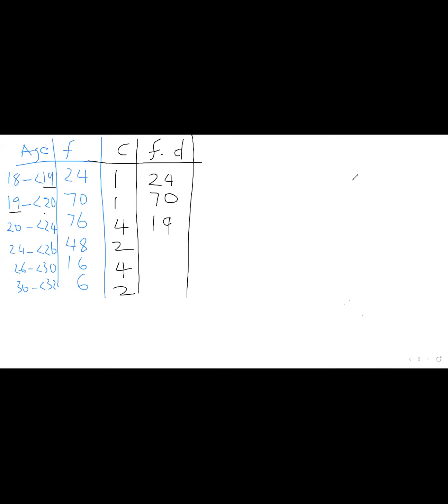You have 20 and you have 20. You have 24 and you have 24. You have 26 and 26, 30 and 30. So here you don't have the opportunity of saying 19.5. At O-level, we used to do that.